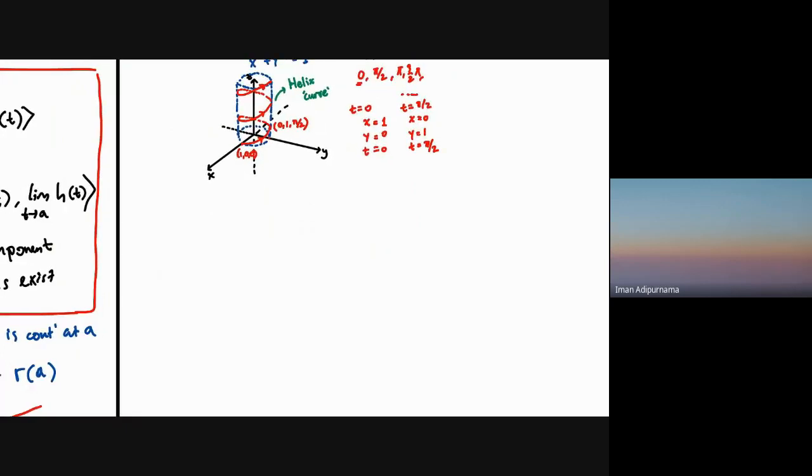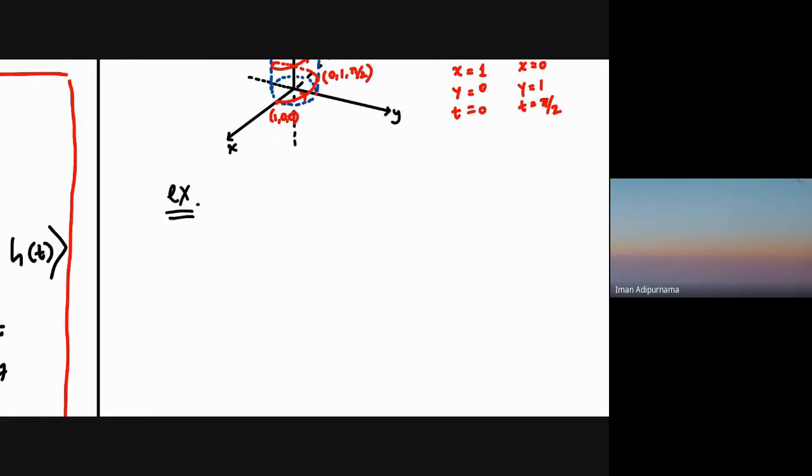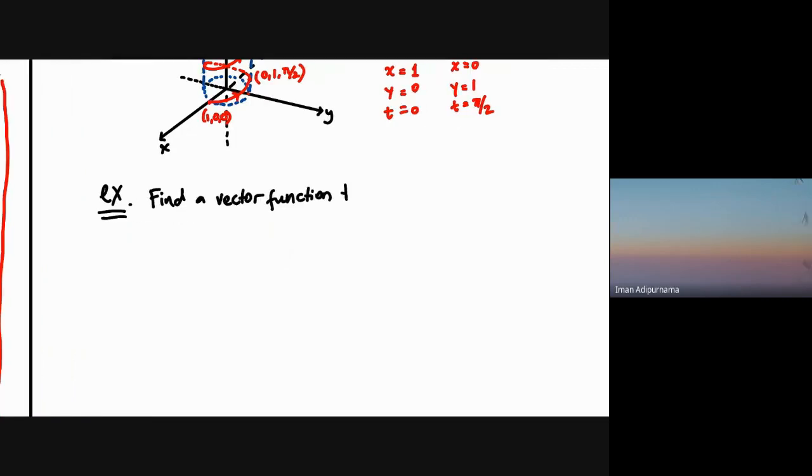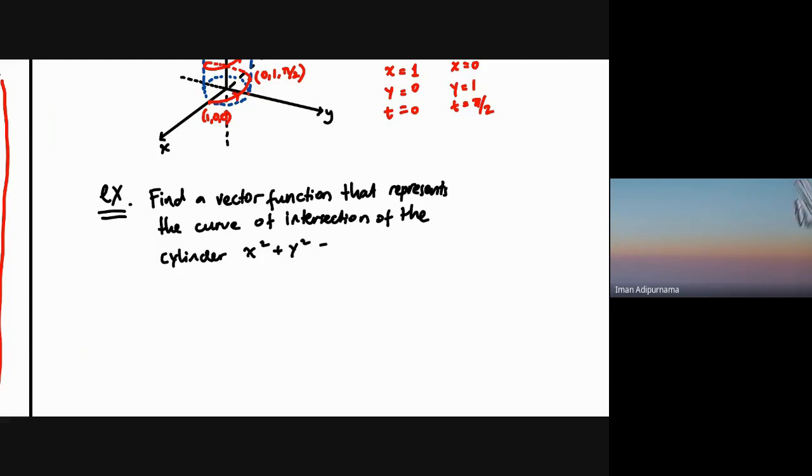Now another example. Find a vector function that represents the curve of intersection of the cylinder, the same cylinder x squared plus y squared equals 1, and the plane y plus z equals 2.